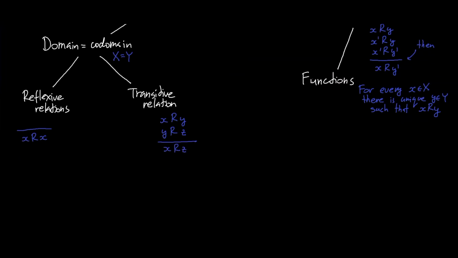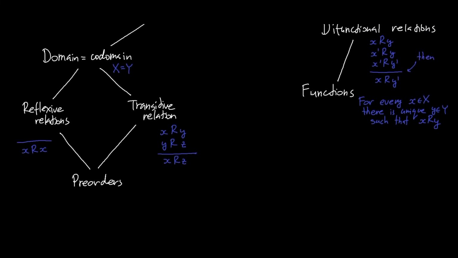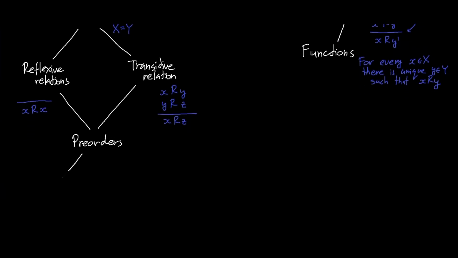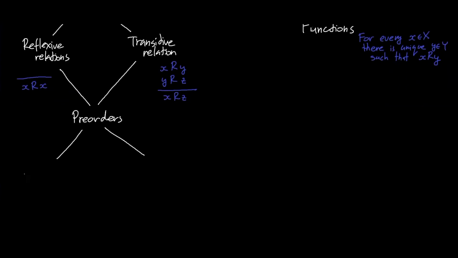Now, if a relation is both reflexive and transitive, then it's called a preorder. Interestingly, there are two kinds of preorders: preorders satisfying the antisymmetry property and preorders satisfying the symmetry property, which are kind of opposite properties to each other.